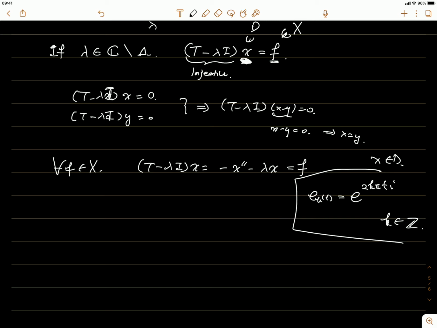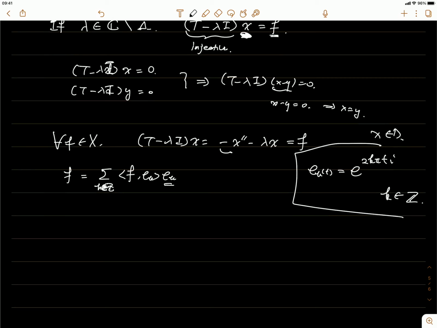And then you apply this Fourier transform on both sides, which means that you take, for example, f can be written as the sum of f and ek, as we did for Hilbert spaces, because this is a Hilbert space H. So this ek is actually a complete orthonormal basis for the L2 space.